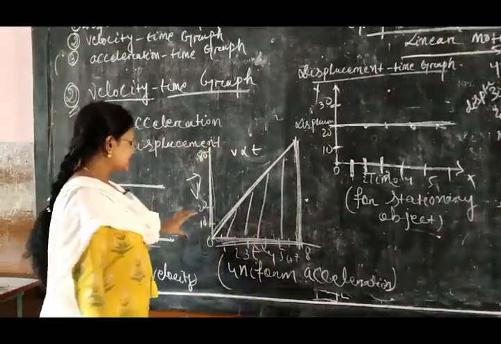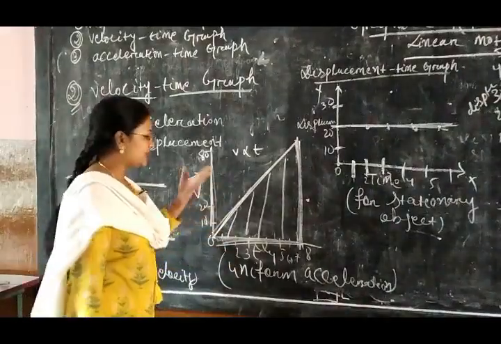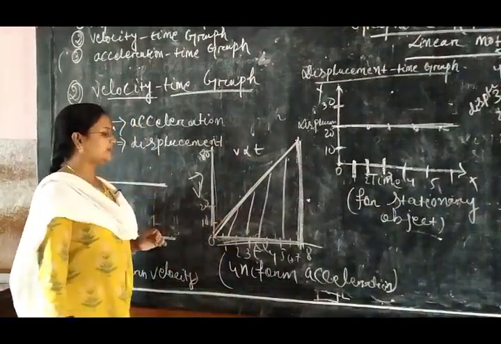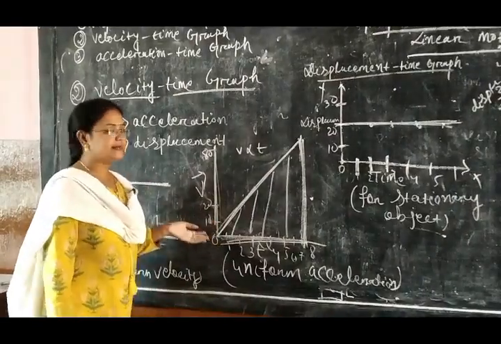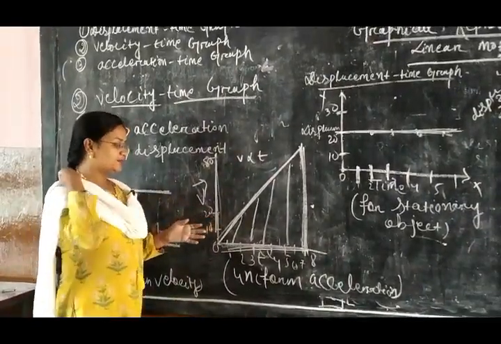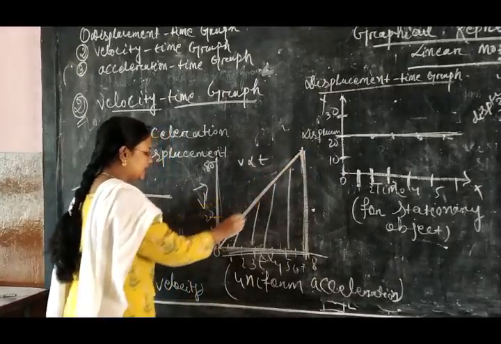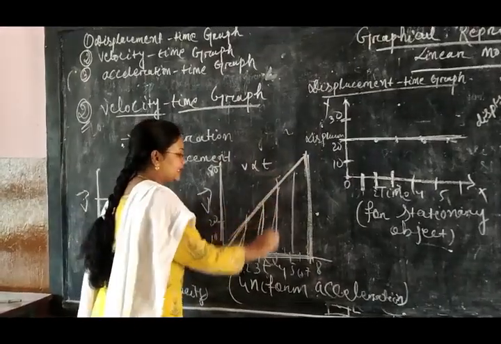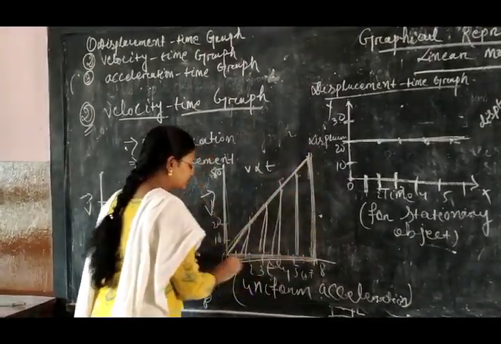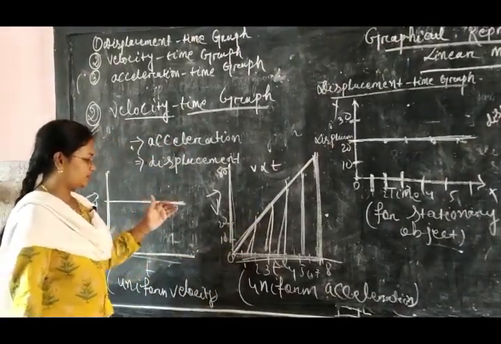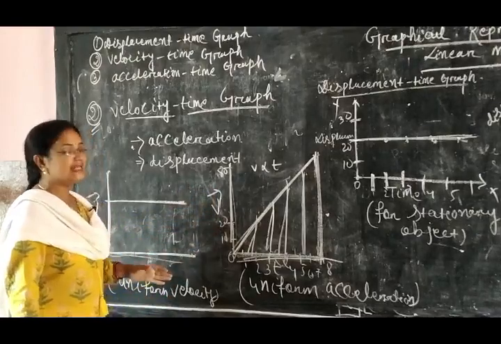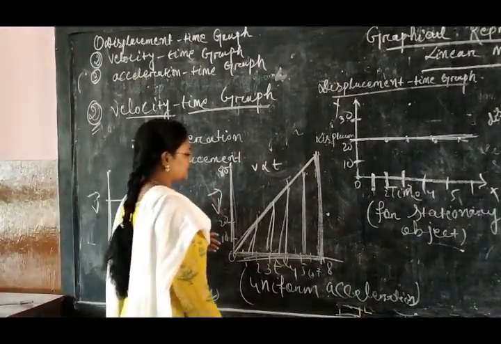So see, from the velocity time graph we can calculate acceleration, and from the velocity time graph you can also calculate displacement or distance. How you will calculate the displacement or distance? Actually, suppose this is your line. If you find the area of this figure, then you can calculate the displacement. How you will calculate the displacement?